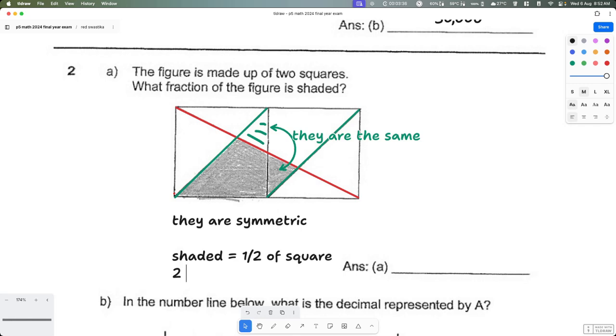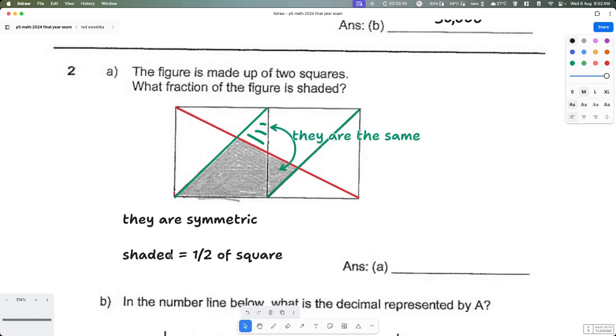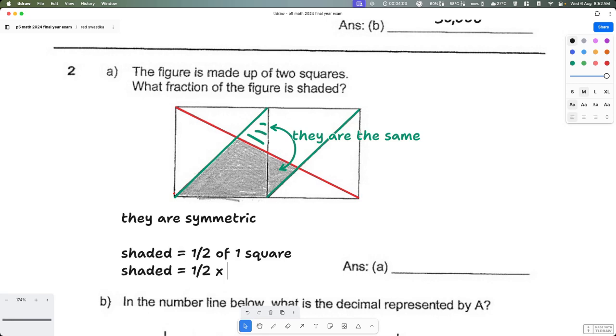So there's two squares. In this case, shaded is half a square, so half of one square. Basically, shaded is one half times one half.